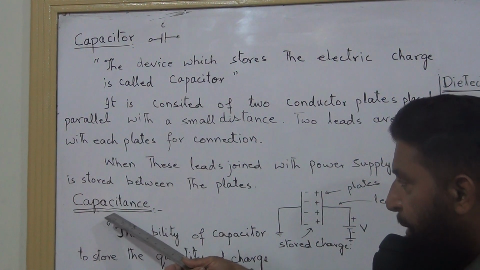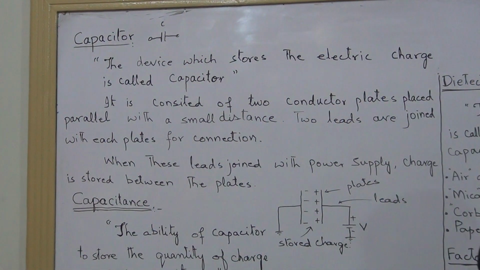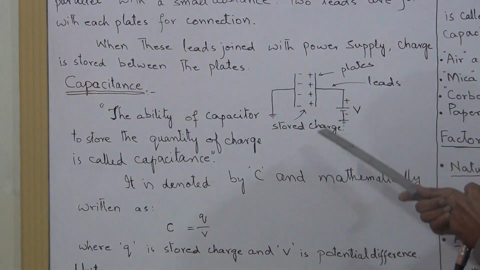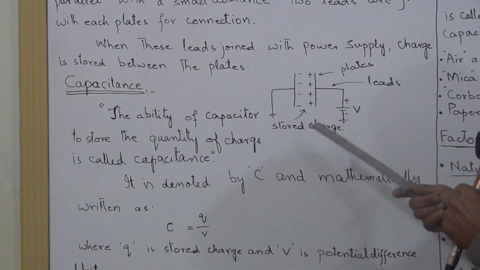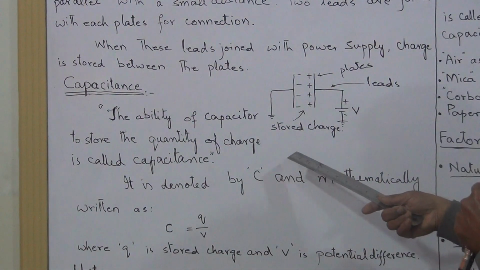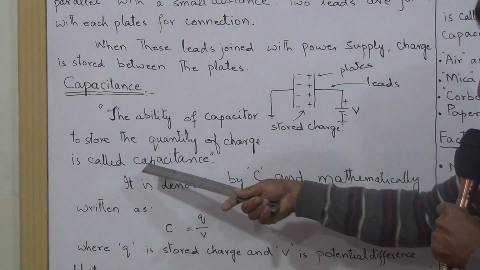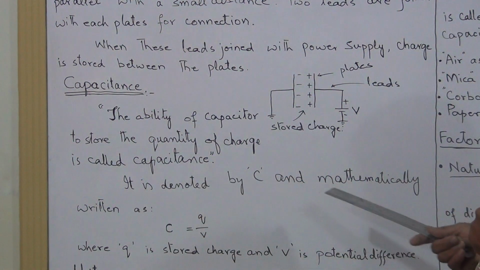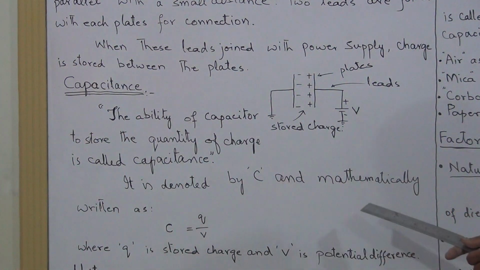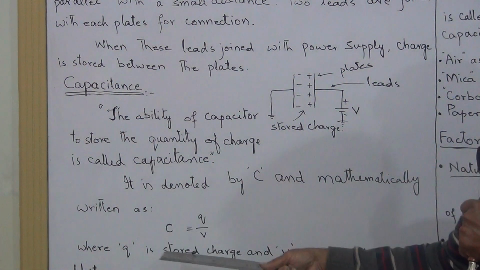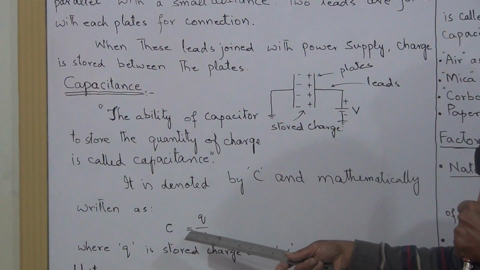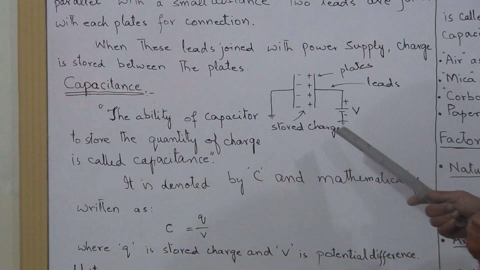Now, capacitance. First of all, capacitance is the capacity of the capacitor, that is, how much charge it will store. The ability of a capacitor to store a quantity of charge is called capacitance, and this capacitance is denoted by C and mathematically written as C = Q/V, where C is capacitance, the ability of the capacitor.